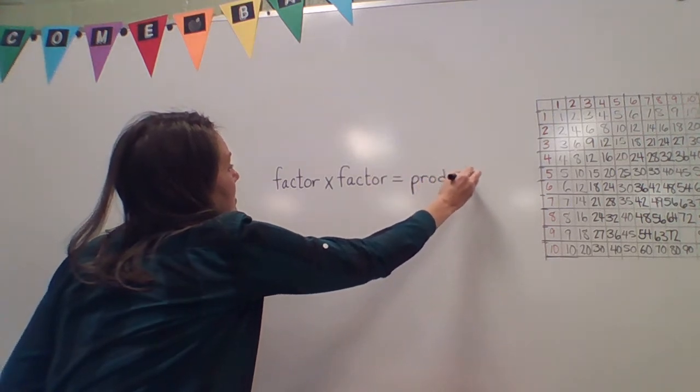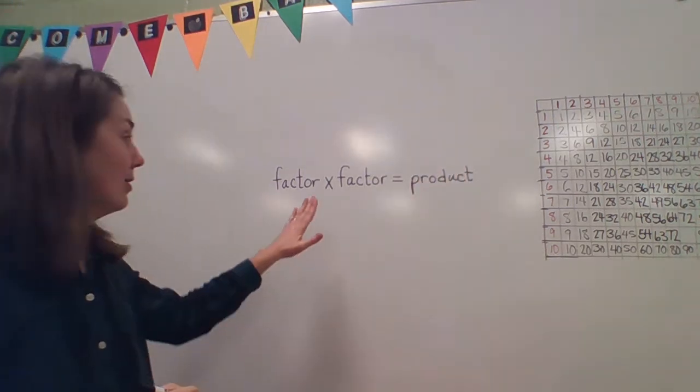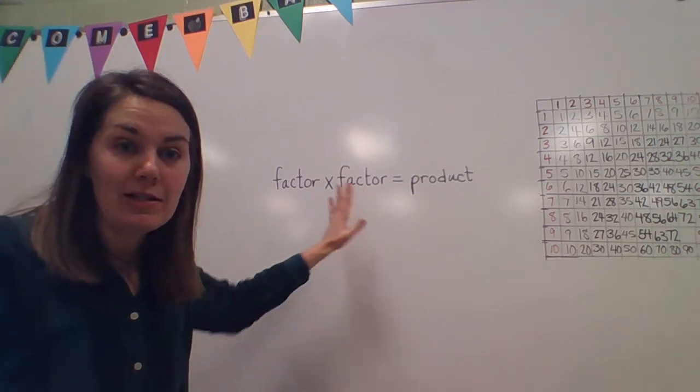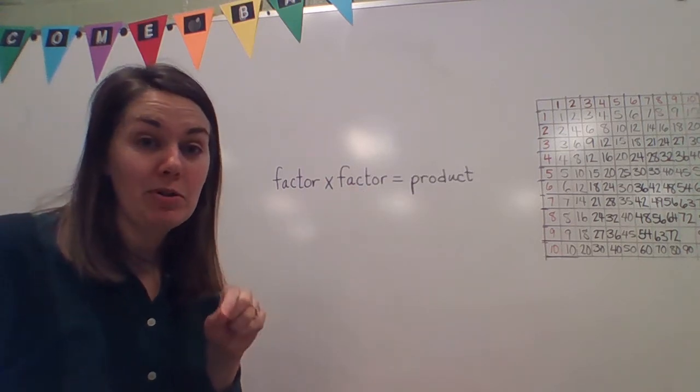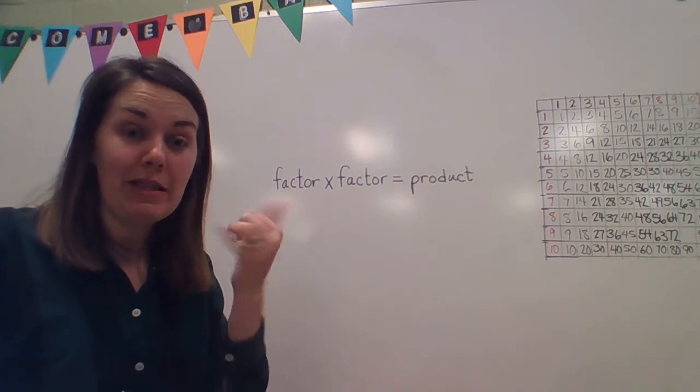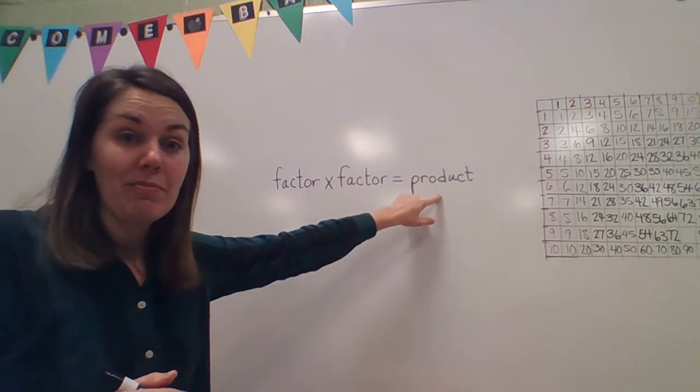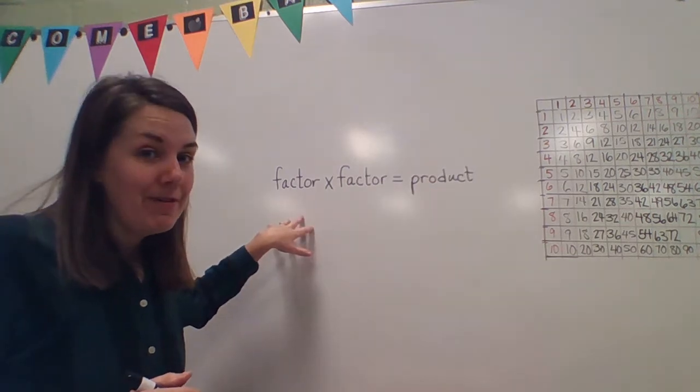Now you will notice that I wrote up here factor twice, and we know that's true because one of the properties of multiplication is the commutative property that allows us to change the order of the factors and still get the same product. So that's why we have factor twice, right?